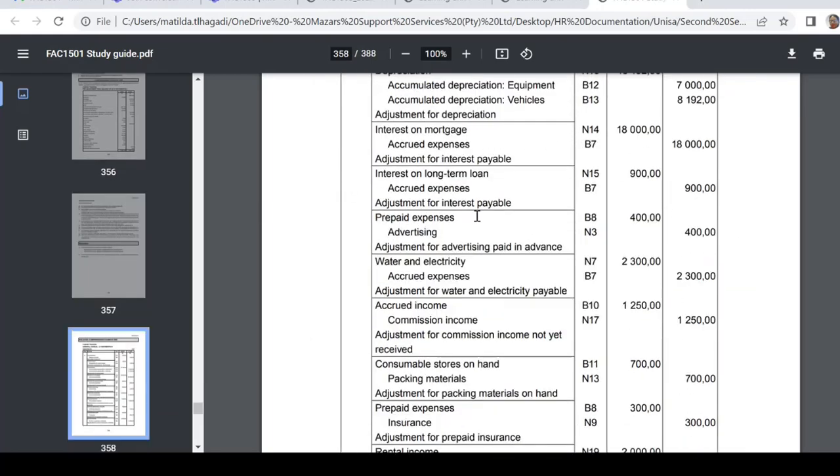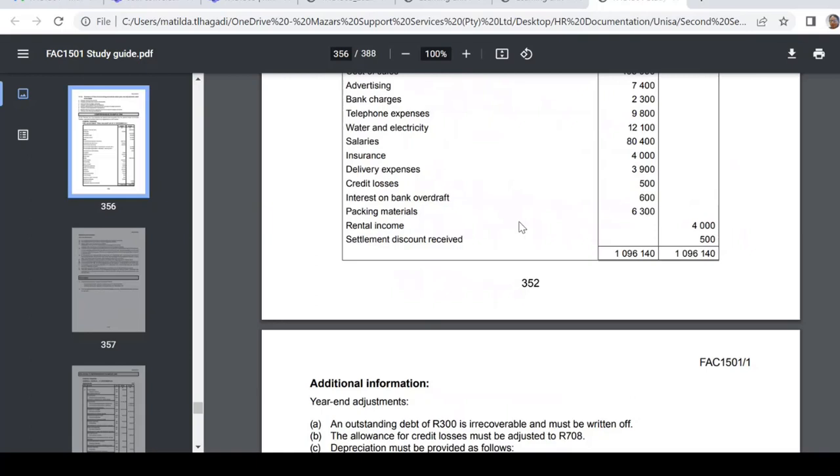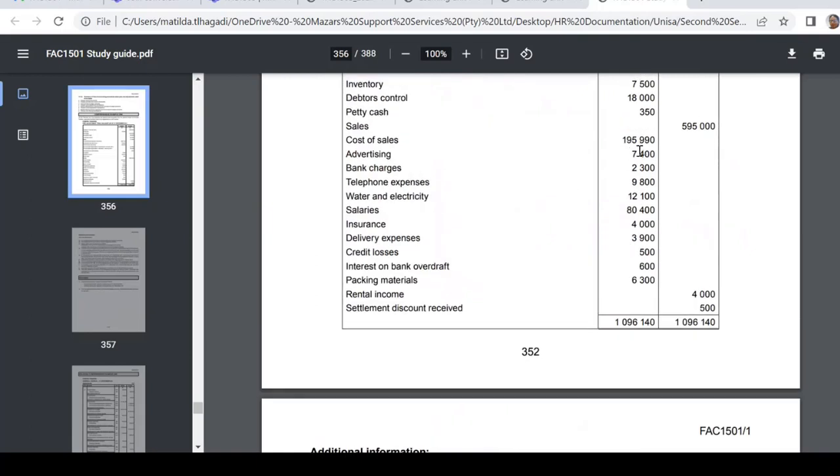So where's the advertising amount? Prepaid expense 400, advertising 400. So basically the advertising amount should be 7,000. Do you agree with me?